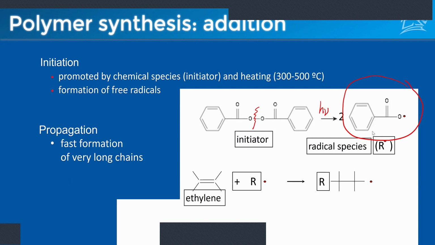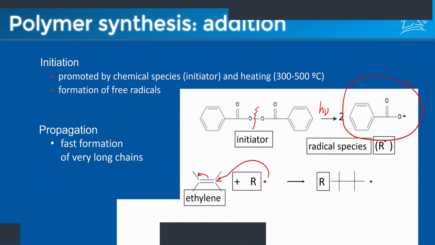The next step of the addition synthesis takes up most of the reaction. We call it propagation. This is where we form the polymer chains. What happens in this step is this radical electron, the spare electron, is going to go and attack the carbon-carbon bond. And these electrons are going to get pushed out here.